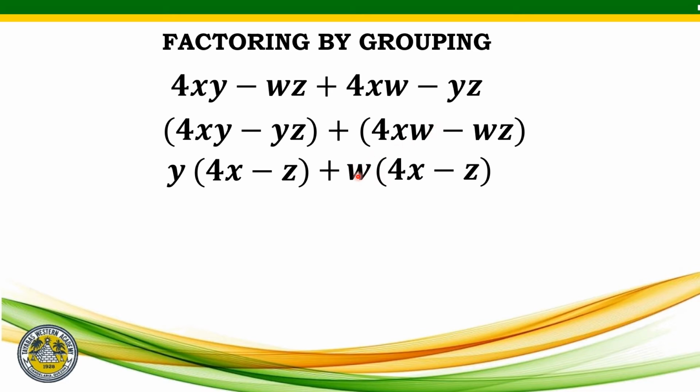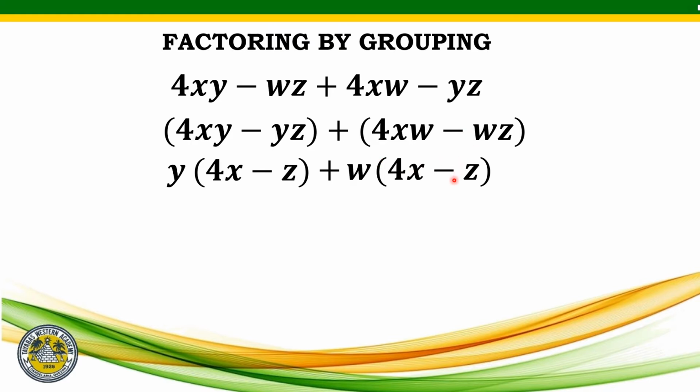W divided by W, it is equal to 1. Bakit? So, tulad ng sinabi ko sa mga previous lesson natin, any number with 0 exponent is equal to 1. Paano siya naging 0? Yung exponent ng W dito, isusubtract natin yung exponent na 1 dito ng W. So, it is equal to 0. So, kaya 1 na lang yun.